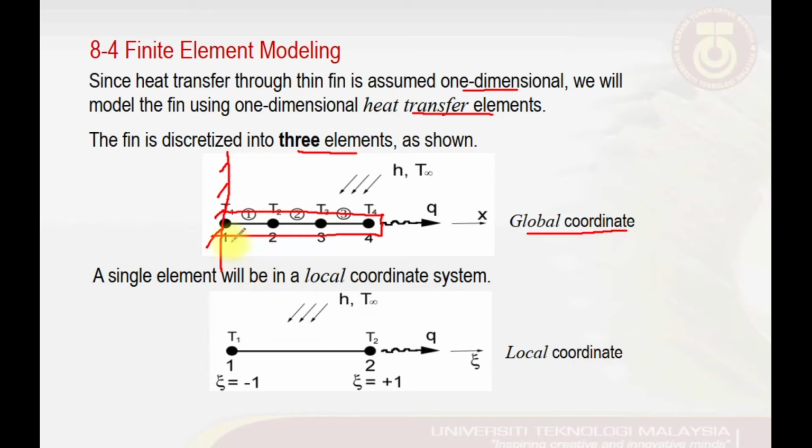Of course, we then have to give numbering to all the nodal points, to each node, and we have to establish the element connectivity between these elements and also the nodal points.